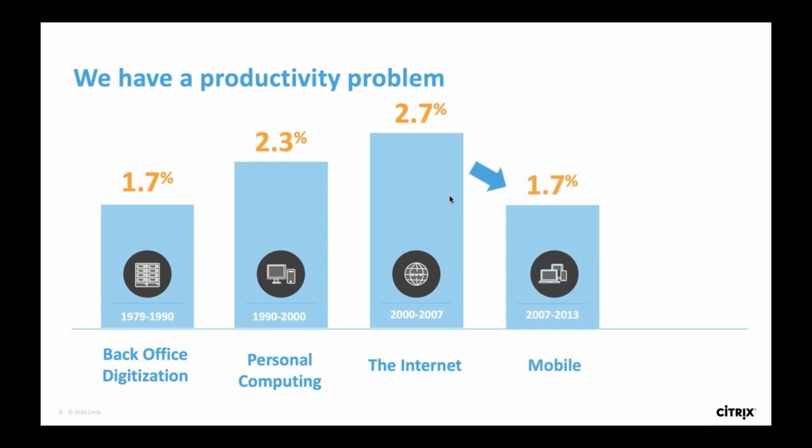But in recent years, we've seen that trend start to reverse, with the productivity gains dropping, and in the most recent couple of years, dropping even further. But really what we're trying to look at is understanding why this is happening and what we can do to reverse this trend again.